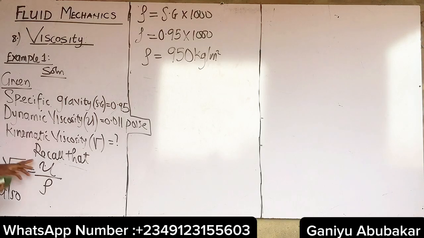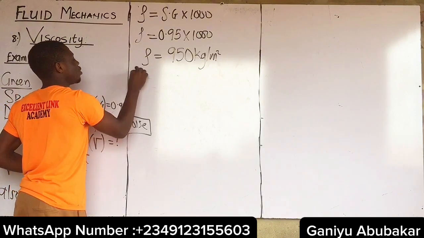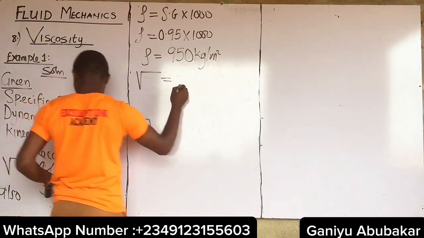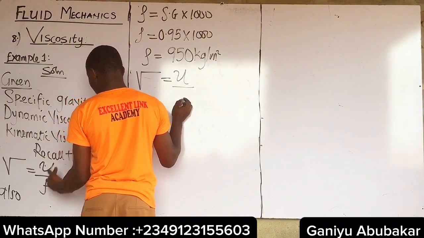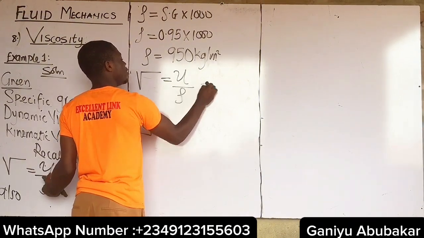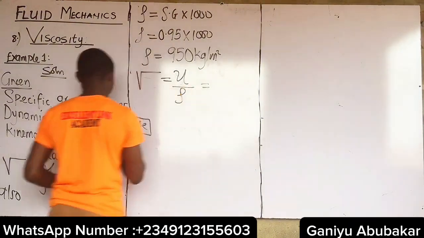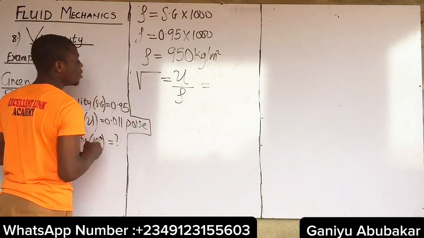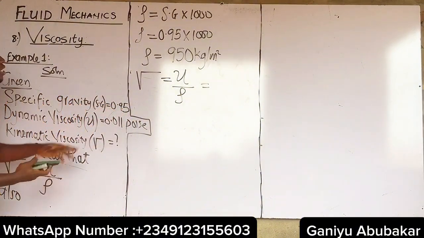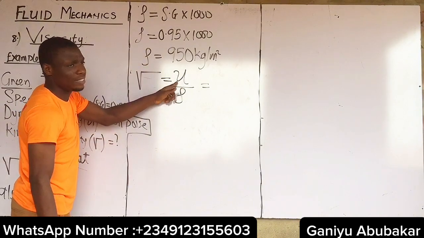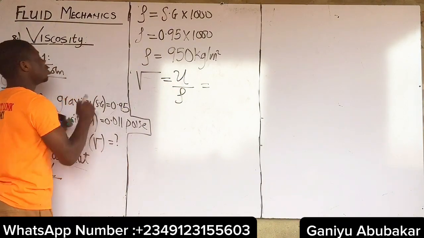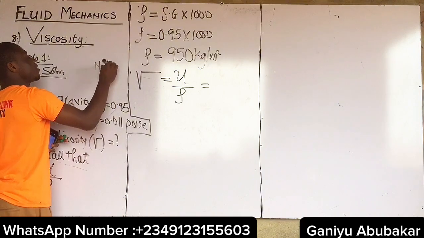So it means that I know this one and I know this one now. So let's get kinematic viscosity. Kinematic viscosity is equal to dynamic viscosity, that's mu, over mass density, rho. Generally, I'm going to take the original SI unit for dynamic viscosity, which is Newton seconds per meter squared.